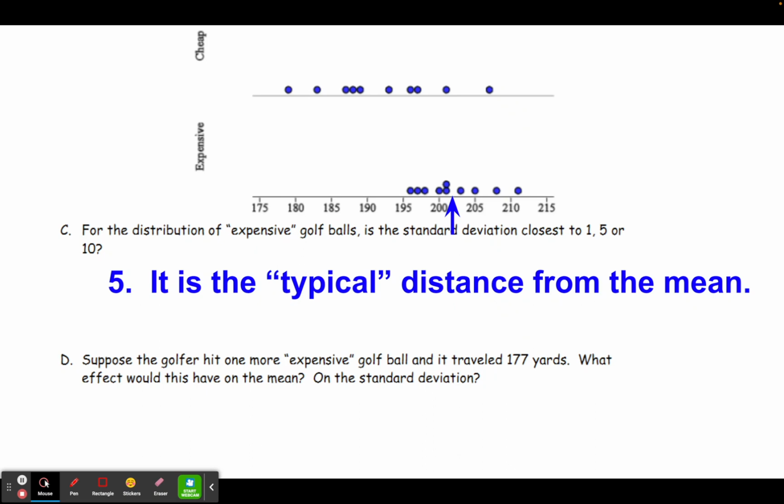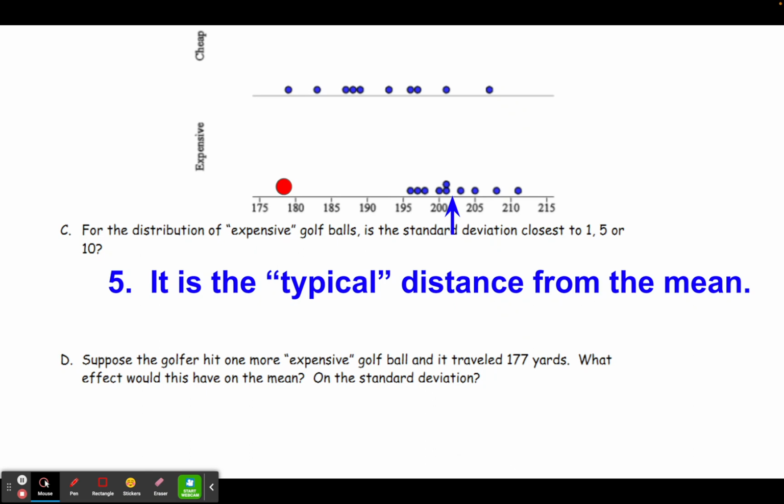Now, part D says suppose that the golfer hit one more expensive golf ball and it only traveled 177 yards. What effect would this have on the mean and also on the standard deviation? So, 177 is way down there, right? That's quite a bit shorter than the distance that he had been hitting the expensive golf balls. When we throw in that one value that's a lot lower than the rest, what that's going to do is bring down the average distance, right?